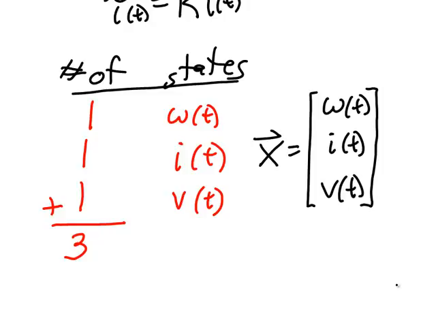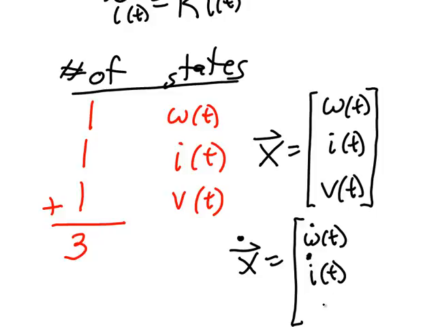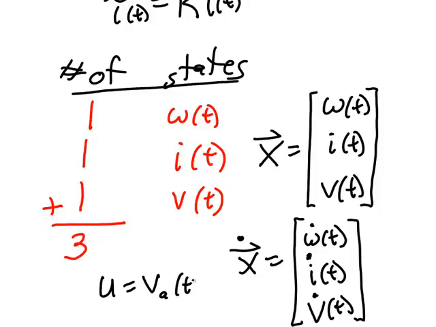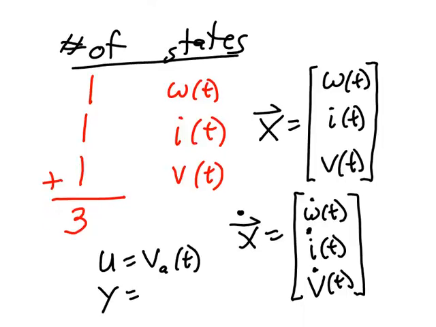So since this is my state vector, I also know what the derivative of my state vector is going to be. It's going to be omega dot first, and then current dot second, and velocity dot third. I can also identify right away what is my U, or input signal, and that is the applied voltage. And my output signal in this case is actually one of my states. It's going to be V of t.